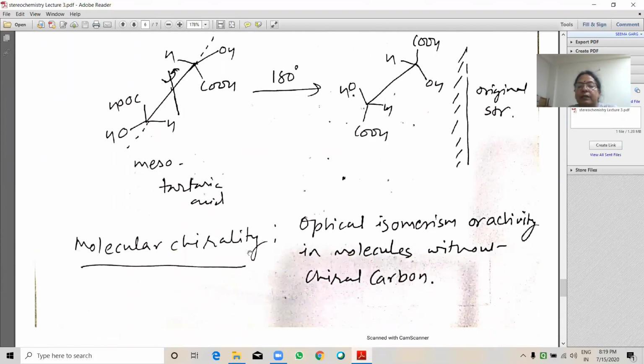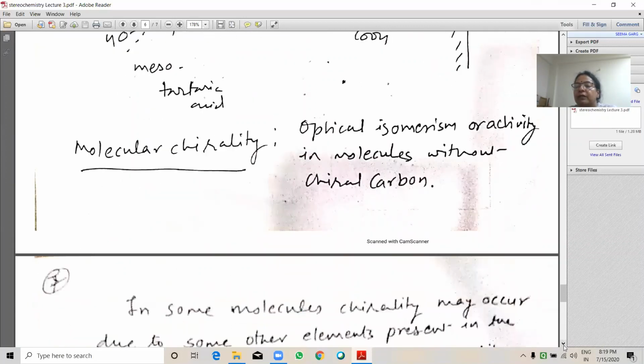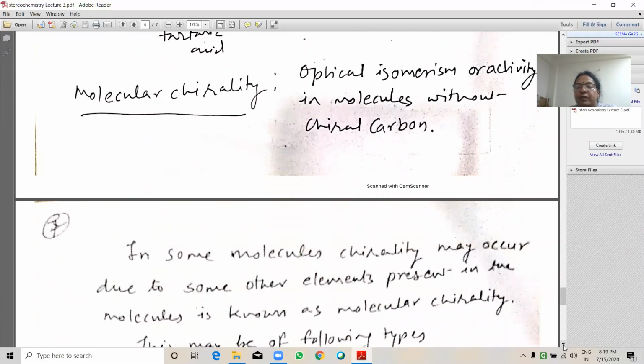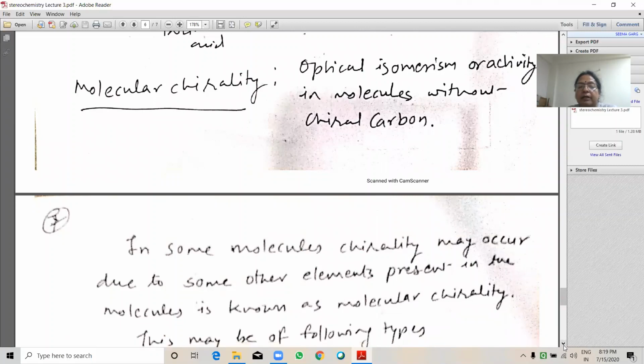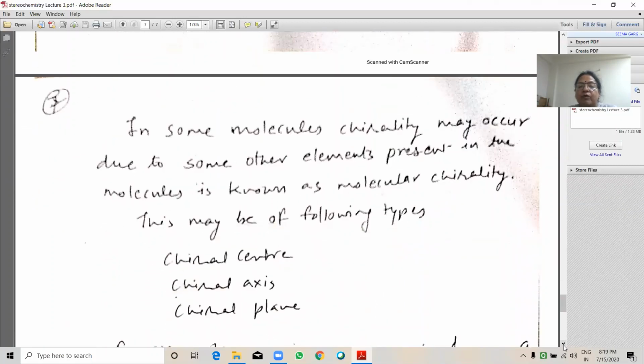Molecular chirality. Certain molecules do not have a chiral carbon, but due to the presence of certain elements, the molecule shows optical activity or optical isomerism. This type of chirality, molecular chirality, may be of chiral center, chiral axis, or chiral plane.